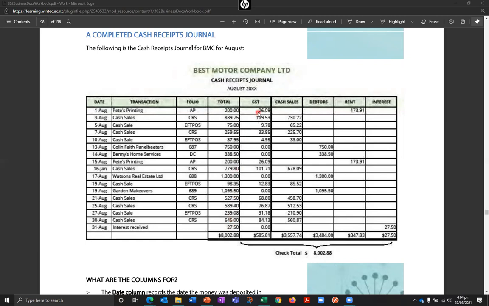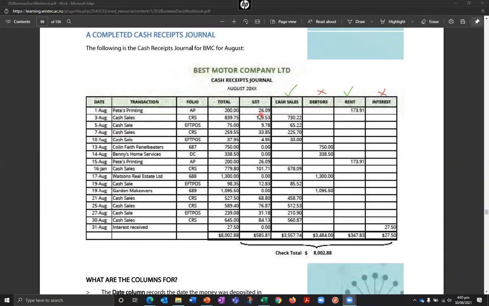And then depending on whether GST is calculated or not, cash sales and rent depends on whether you calculate your GST. So here, Pete's Printing is an automatic payment for rent that we receive, total of $200. Now, because it's rent, which has a tick, we calculate GST.